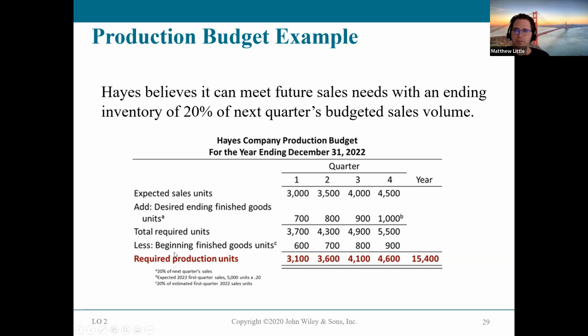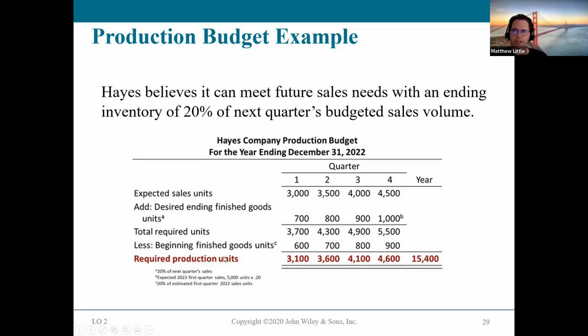However, let's assume our beginning finished goods units was 20% initially. So we'll assume that we started with 600 and that we always want 20% of the next quarter sales. Yes, of the beginning, that works, sorry, of the beginning. So it's these numbers right here, 800, 900 down.